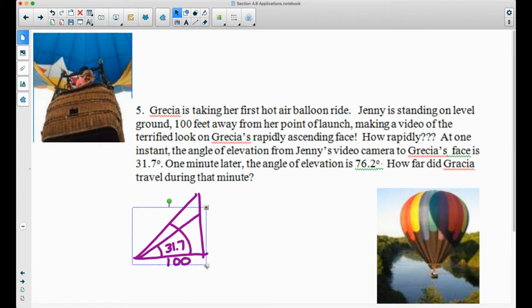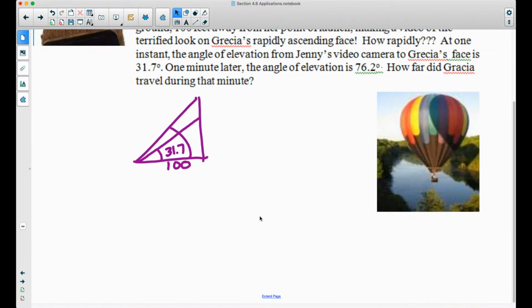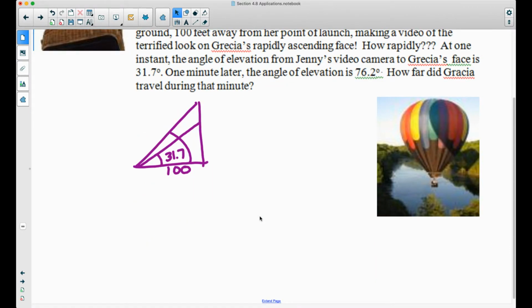I wanted all of it to be bigger, and it's not gonna let me. Hopefully you can see that. How far did she travel during that minute? We're really just interested in that spot, but of course we can't just find that spot, right?